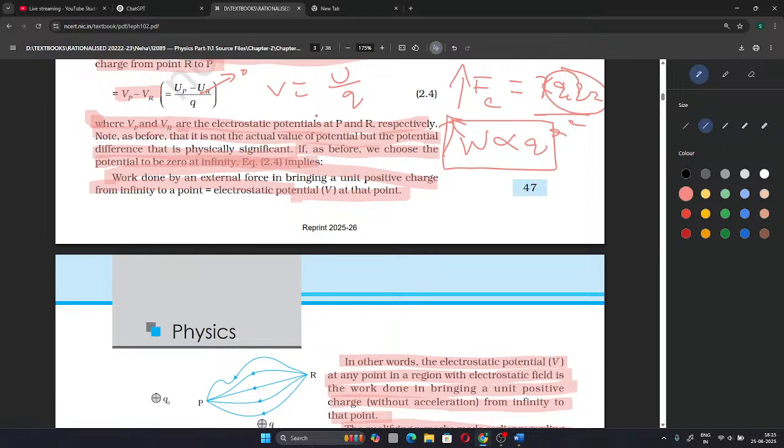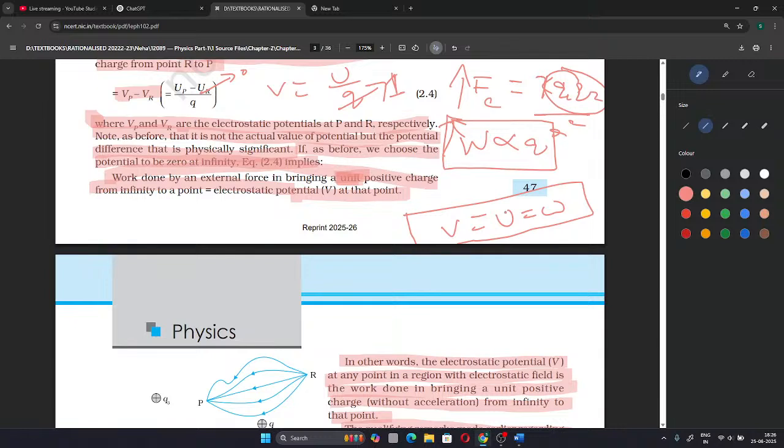They took a unit charge. They specifically mentioned a unit charge here, because they took this value as 1. When they take it as 1, V equals U equals W. I did not take the delta W here because here this will be equated to 0. In such a case, V equals U equals W, and we can define the potential without defining the test charge.